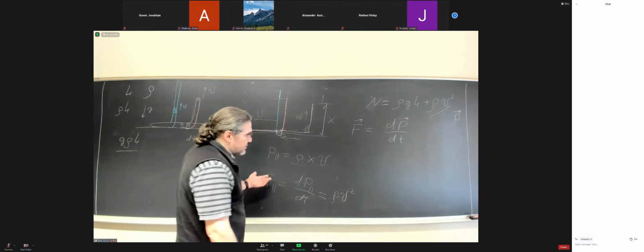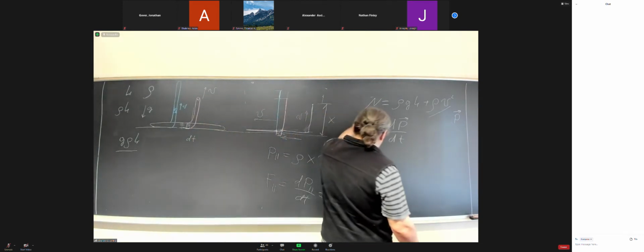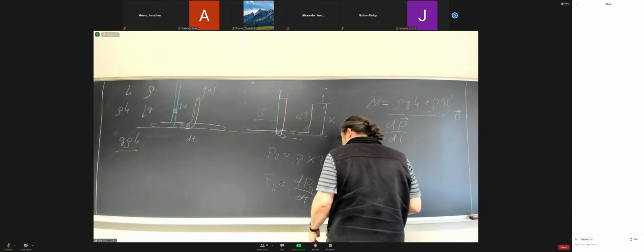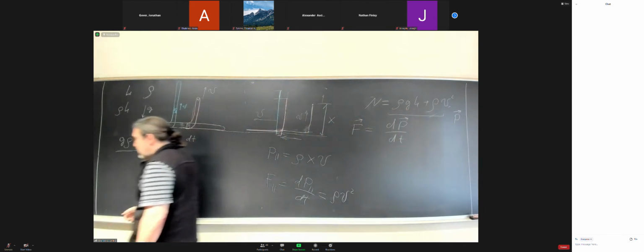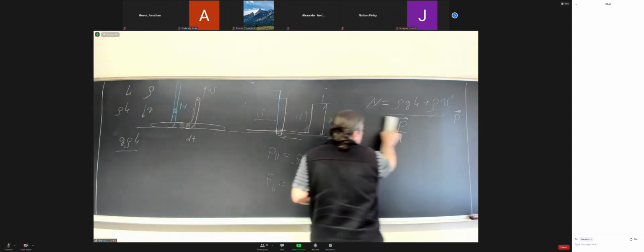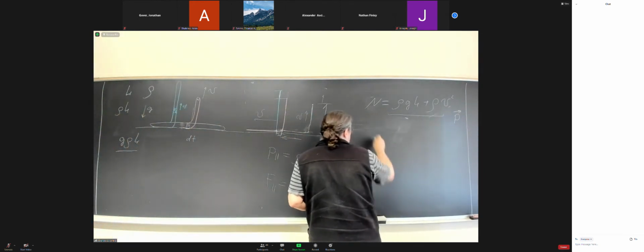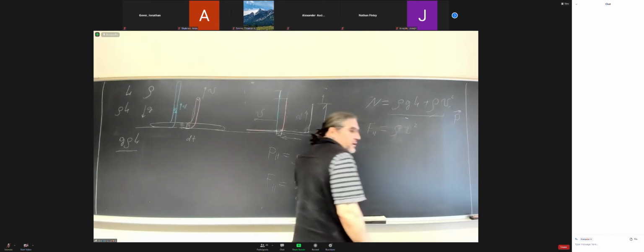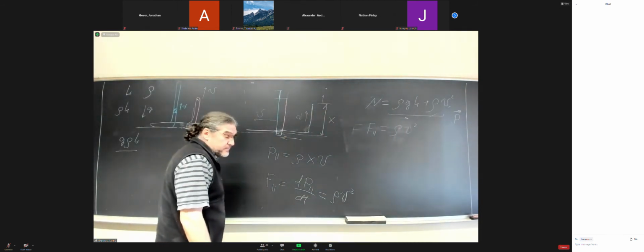So what we have now is the normal force is this one, and the force which is to the left, which is our parallel force, is rho v squared. Right?